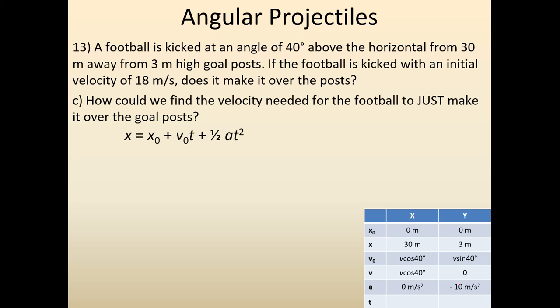Now, one thing that we have to be careful about, we can't actually do the v squared timeless equation. It may seem like we can, but it's not going to work out properly.